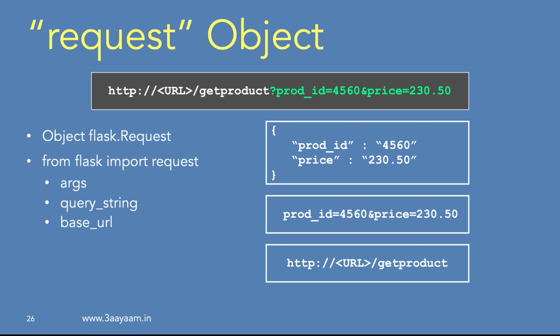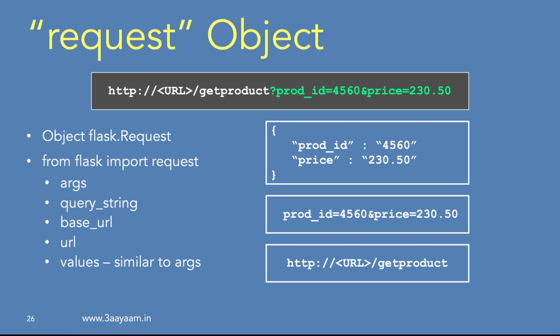And using base_url, you can get only the base URL without the parameters. If we use url, which we had used in the last hands-on, we'll also get the parameters, meaning it would start from http and it would end at 50. This entire string would be captured by the url variable. But base_url would only capture the URL till the API name.